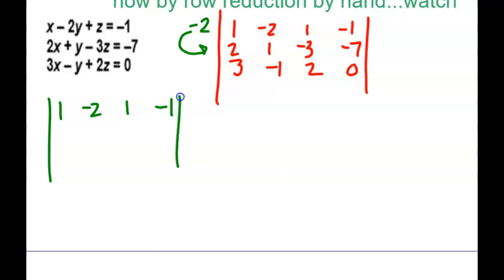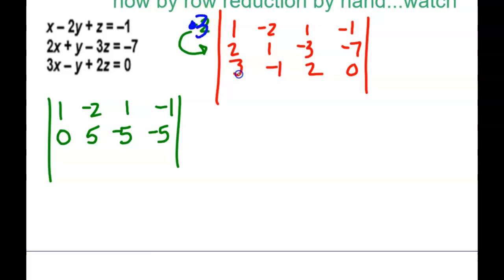All right, so -2 times the top one, added to the second one. So -2 times 1 to 2 would be 0. -2 times -2 is 4. Added to that one is 5. -2 times 1 would be -2. Added to -3, -5. -2 times -1 is +2. Added to -7, -5.